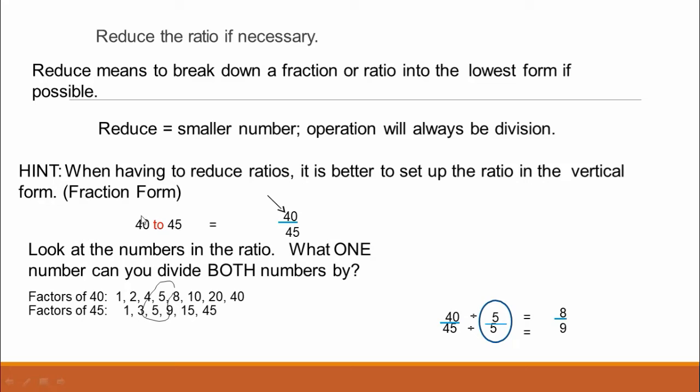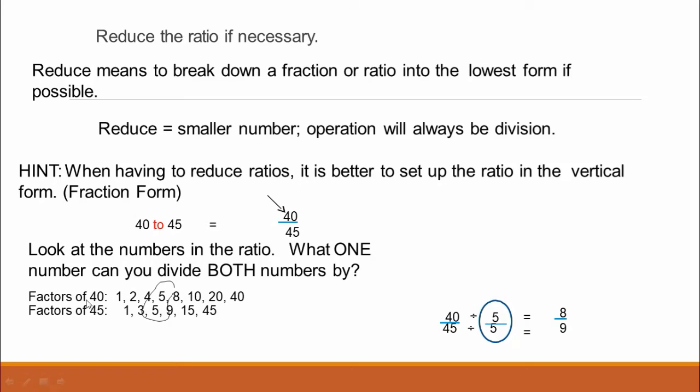And we can write by the third way of representing the ratio: 40 to 45, 40 ratio 45, or we can write 40 divided by 45. Now, what number can you divide both these numbers by? There are numbers which divide 40 and which divide 45.